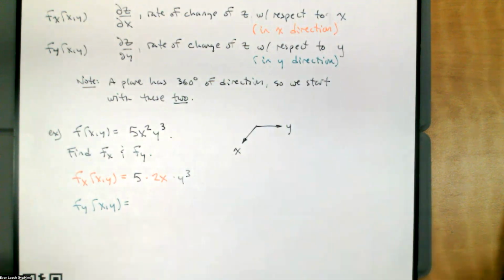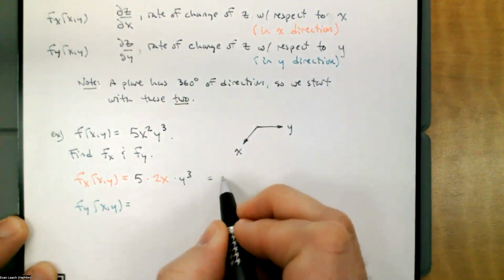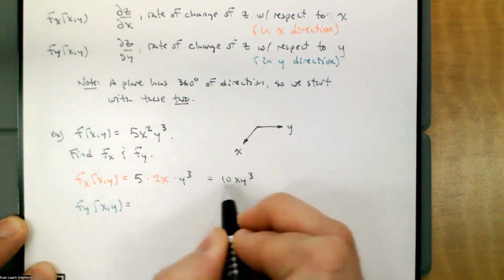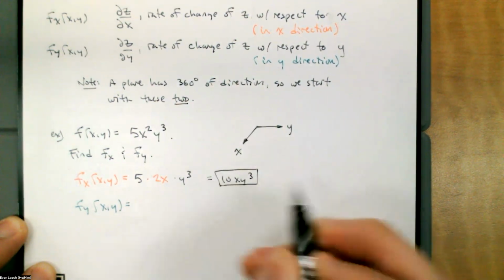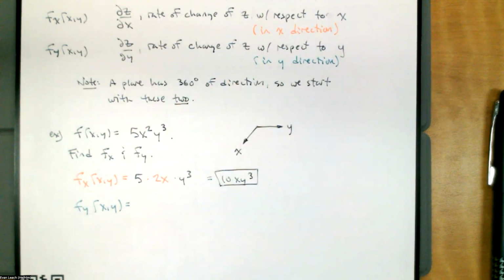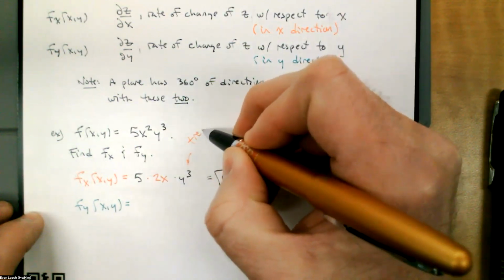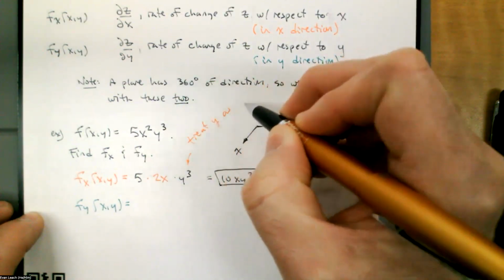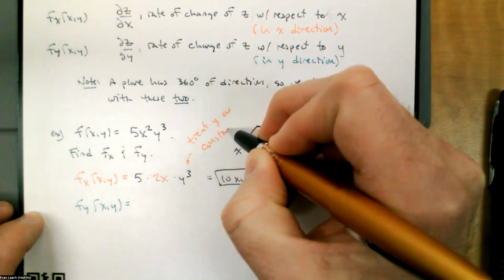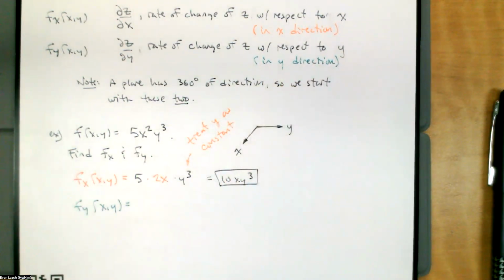So we get 10xy cubed. You treat everything that's not x as constant. In this case, the y cubed is a constant factor, and constant factors just get carried along in our derivatives.